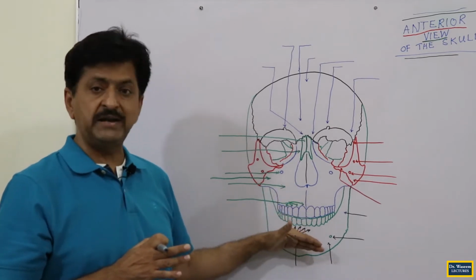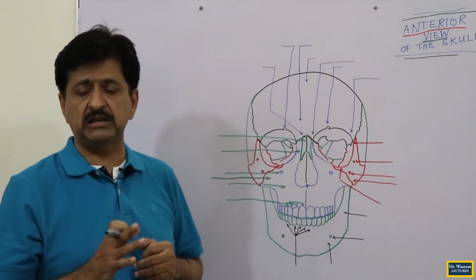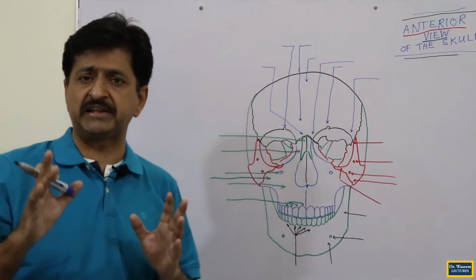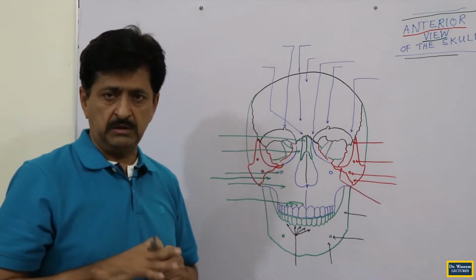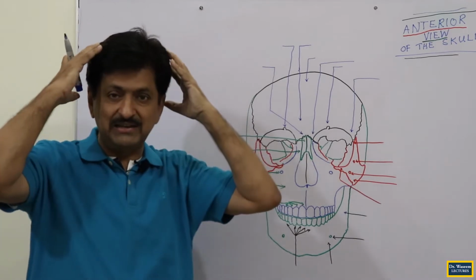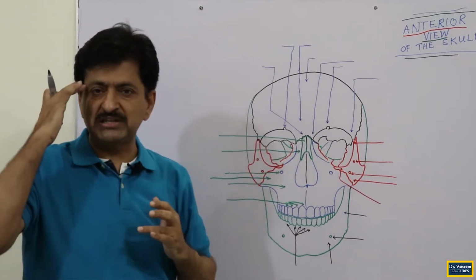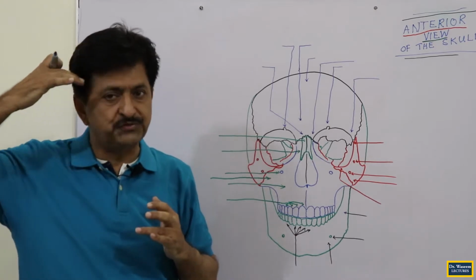When I remove the mandible from the skull, the rest of the skull will no longer be called the skull; it will be referred to as the cranium. In this cranium, this cover which covers the cranial cavity that houses the brain is mostly formed by the frontal, the two parietals and the occipital, and to some extent a little bit of the frontal probably. If you want to study the brain and the meninges, you have to remove this cover.